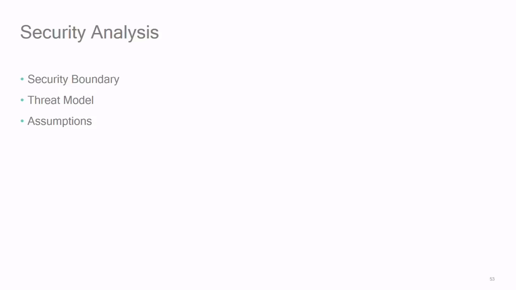All right, on to the security analysis. Our security boundary is the process itself. Our threat model is we assume an attacker who has arbitrary read-write. In other words, they can, at arbitrary times, read arbitrary memory locations and write arbitrary values to arbitrary memory locations.